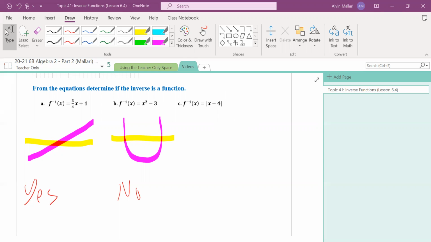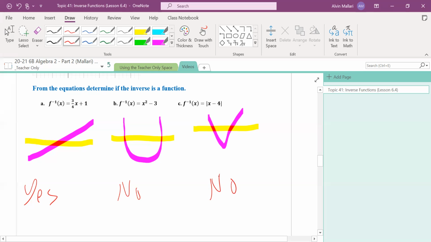So we'll have the absolute value of x minus 4. Then we hit graph. Okay, so the minus 4 moves it to the right 4 times. And we have a V shape. So with a V shape, let's have the horizontal line test. It's going to hit 2 points. So we therefore say this is not a function. All right.